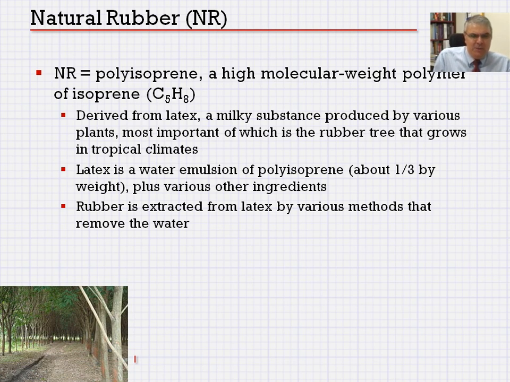Again, it derives from a latex type, like a milky substance produced by various plants. The one shown down here is a picture of a rubber plantation. These are rubber trees, and we don't even leave the trees alone, and we actually extract rubber from them. Isn't that great, or what? So looking at these different types, we see that we have first the milky substance, or the natural rubber.